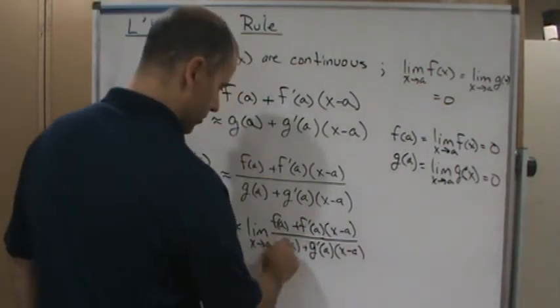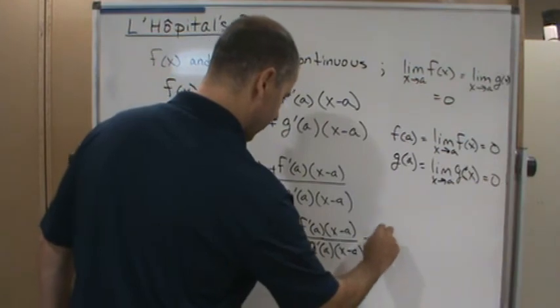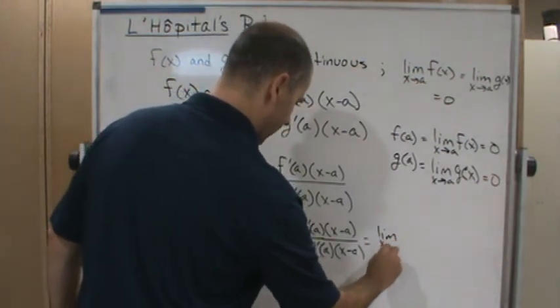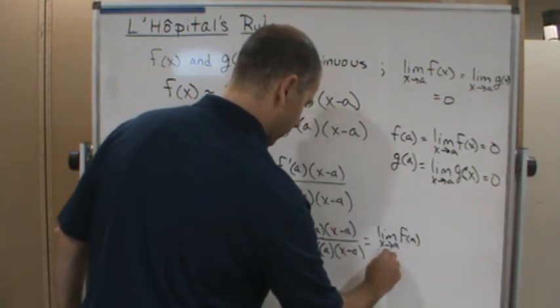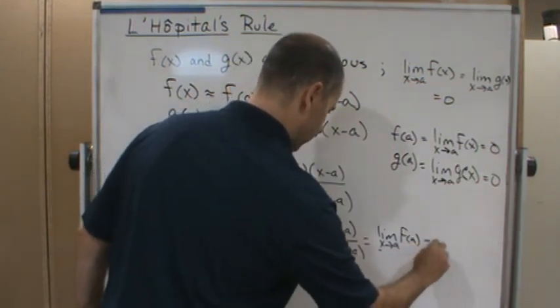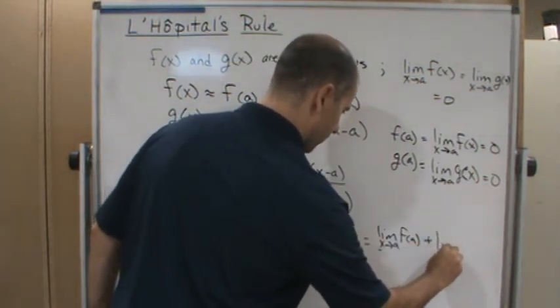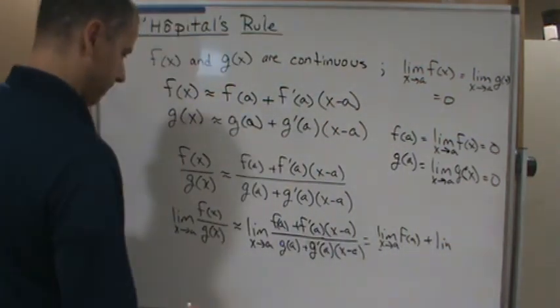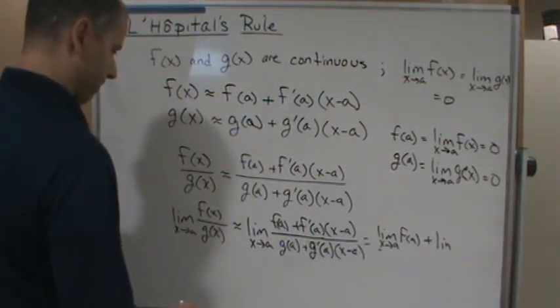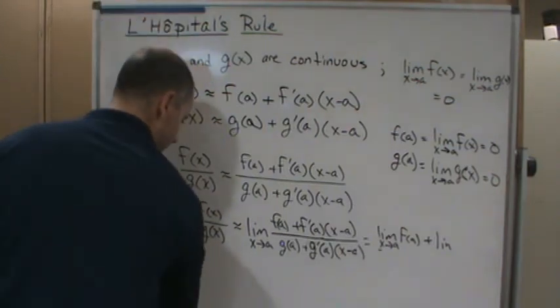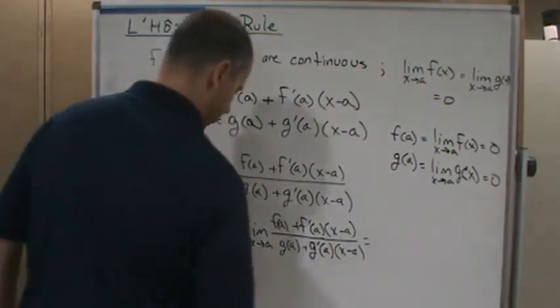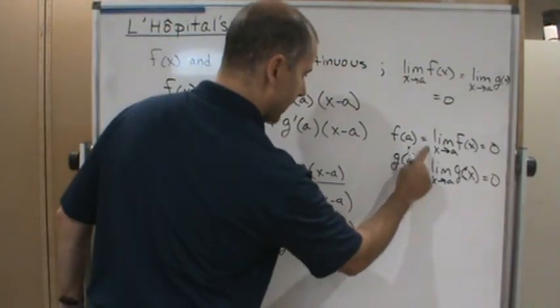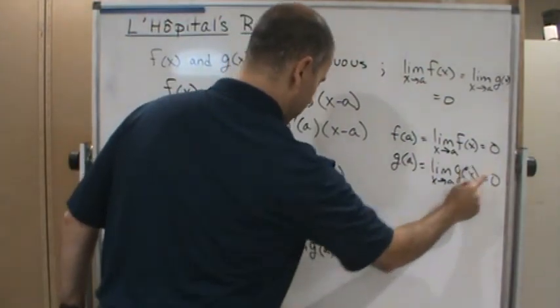Then we can use the limit laws and we get the limit as x approaches a of f of a, plus the limit, oh, hold on, no, I don't even need to do that. Hold on, let me go back. Since based on these, we know that these are both 0.